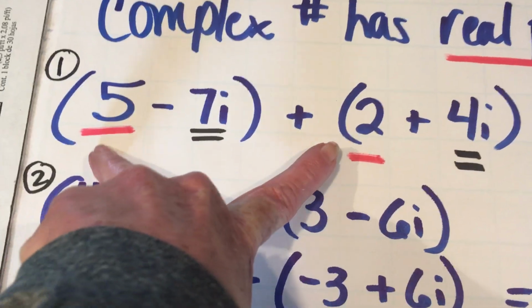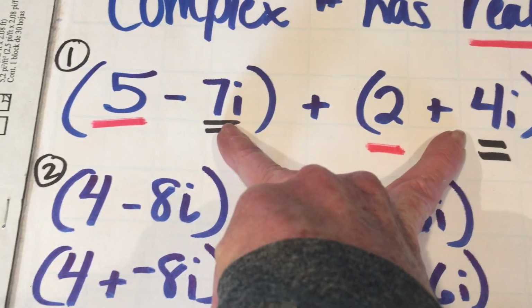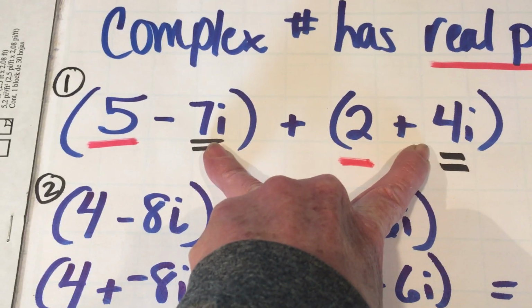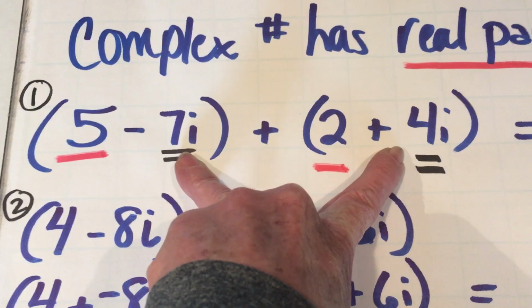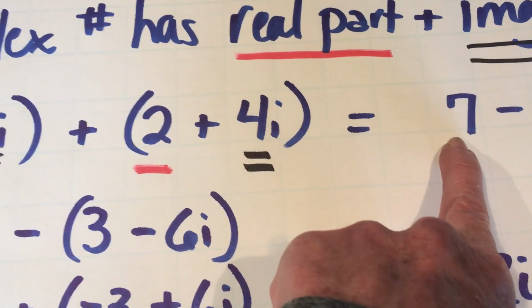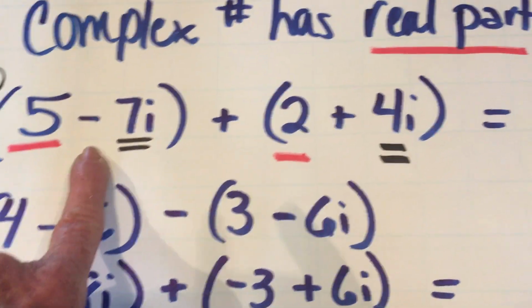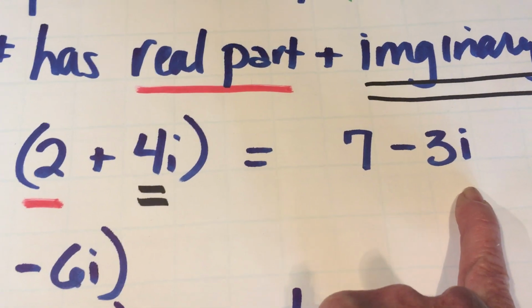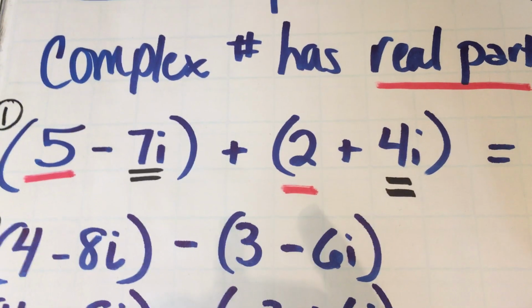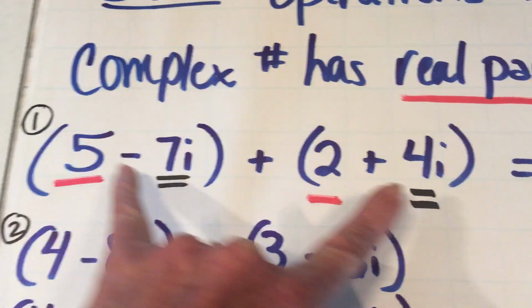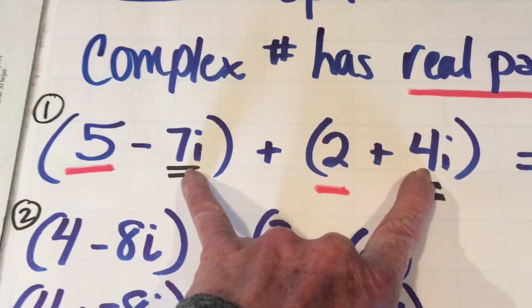You add your real parts together, you add your imaginary parts together, because when you're adding or subtracting, you can only combine like terms. So 5 plus 2 gives me 7, and negative 7i plus 4i gives me negative 3i. So in this problem, you added complex numbers together. You add the real parts together, you add the imaginary parts together.